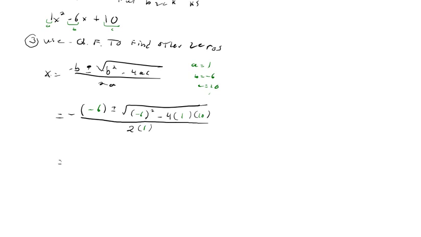Okay, keep going. That's going to be 6 plus or minus the square root of 36 minus 40, which is negative 4, over 2. Right, because 36 minus 40 is negative 4.